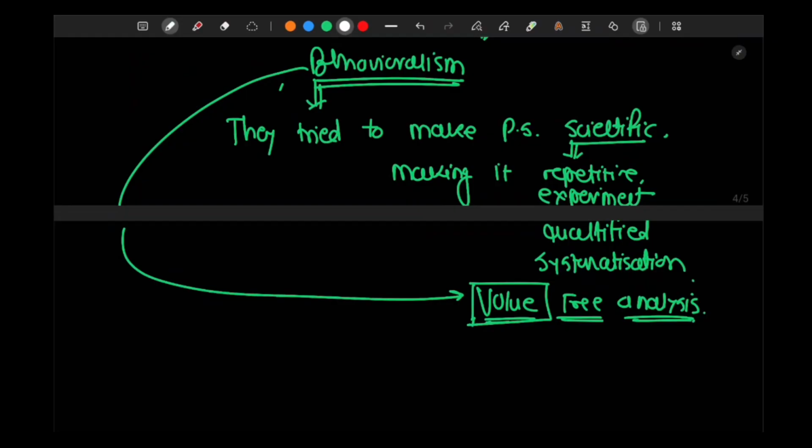We should discard values like justice from political science, and we should stick to experimentation, quantification, systematization, so that political science becomes scientific.